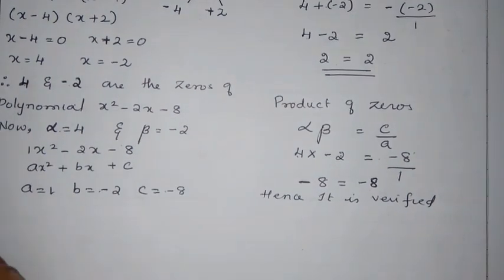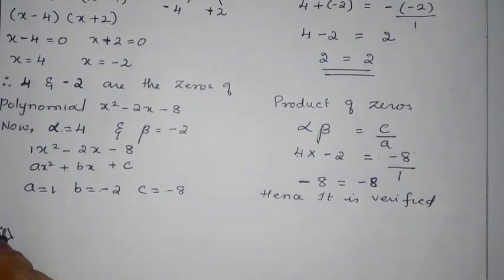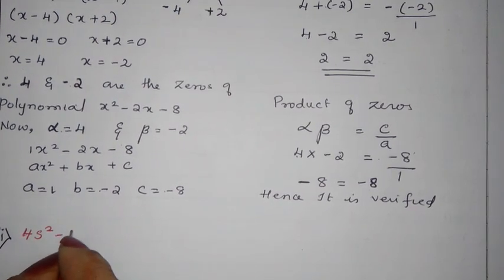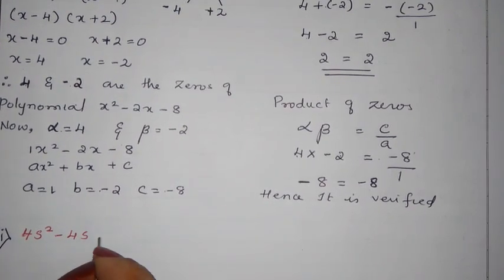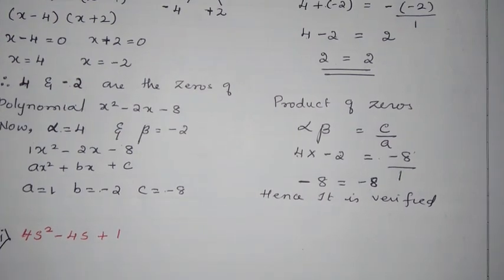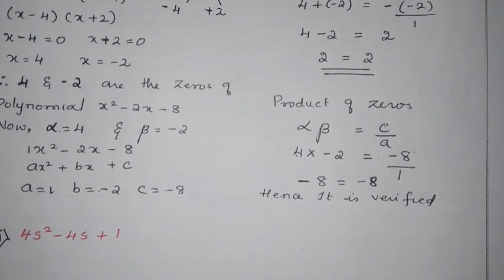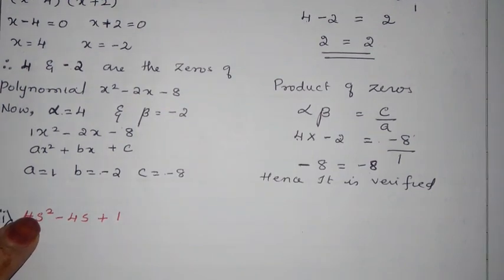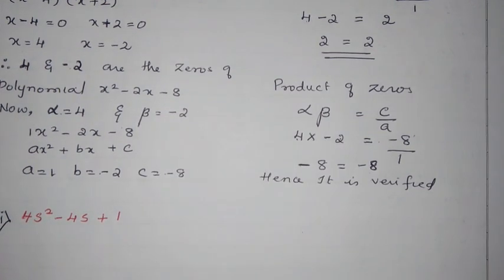Okay. Let us see the second question now. The second question is 4s square minus 4s plus 1. So let us solve this question. We have to solve it the same way, only instead of x, they have taken the alphabet s.